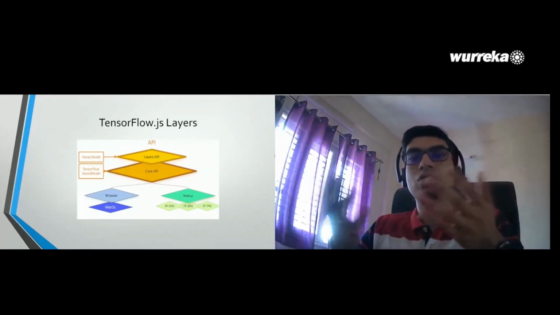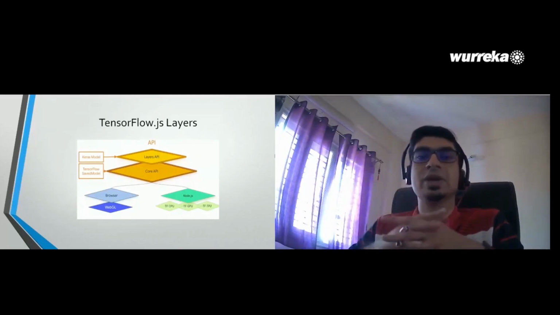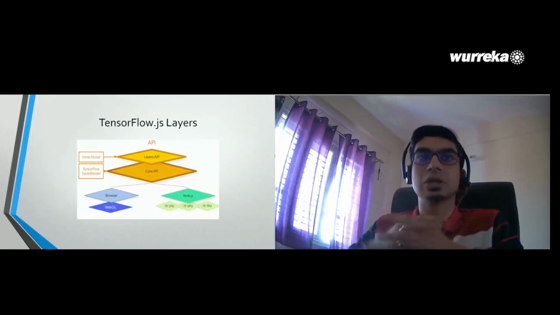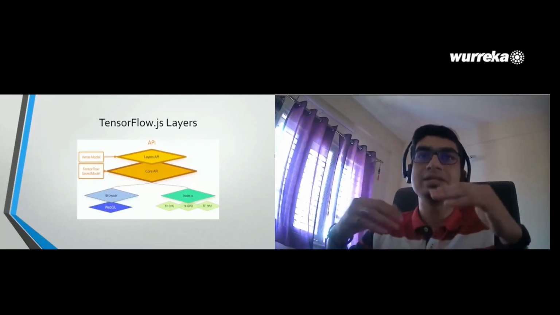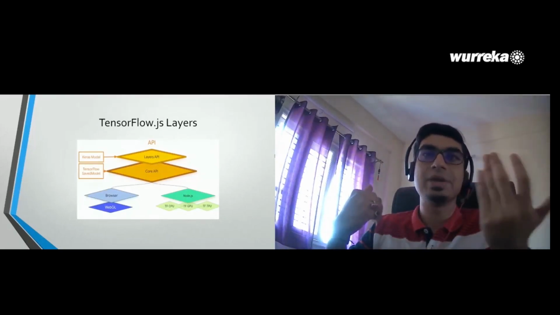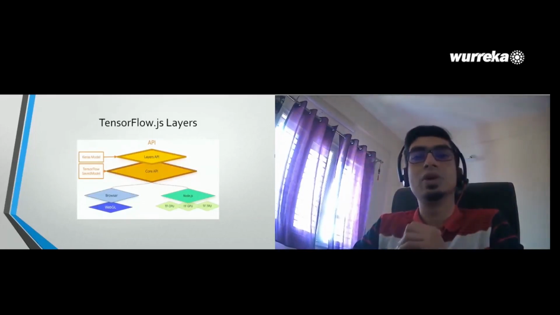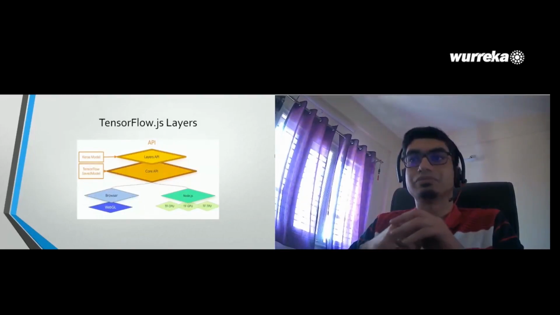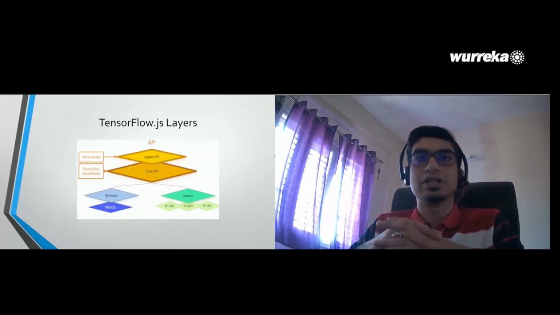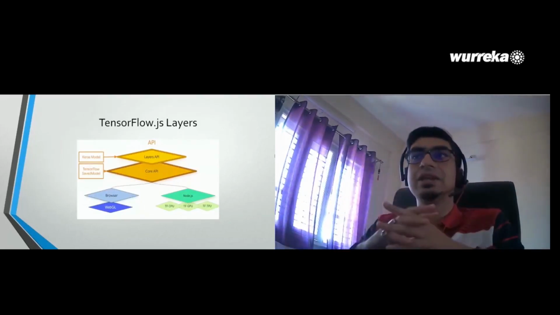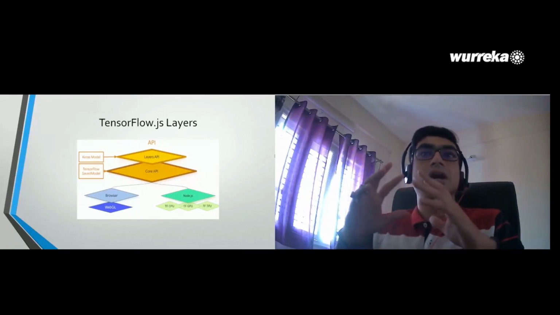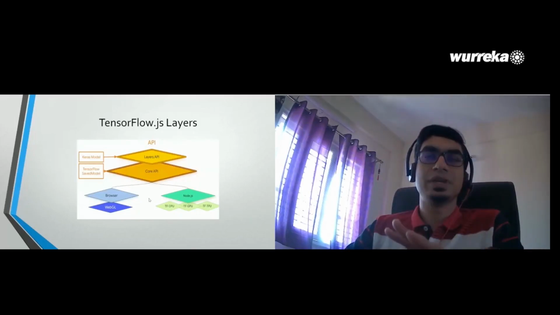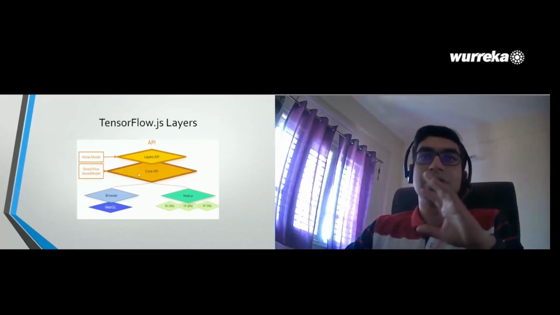Although with TensorFlow 2.0, Keras and TensorFlow have merged pretty well, in some cases we still go for the core Keras framework. The idea is it exposes certain APIs which can directly interact with the lower-level modules of your TensorFlow. Now, in TensorFlow.js, the same kind of flavor is provided over here. The layers are similar.